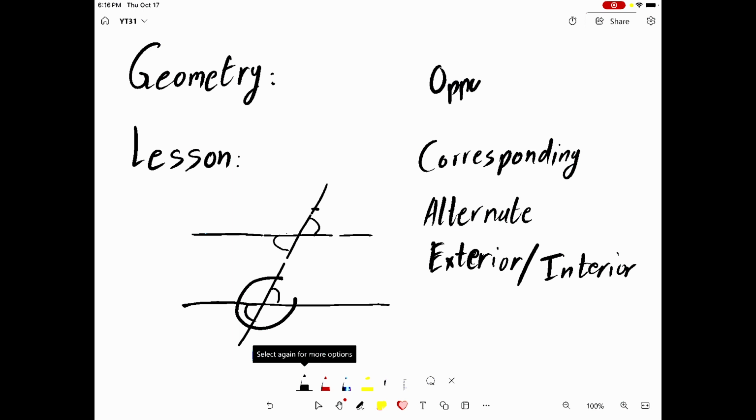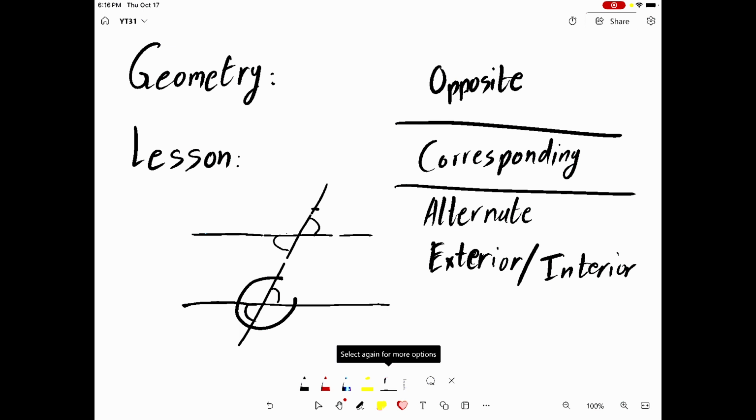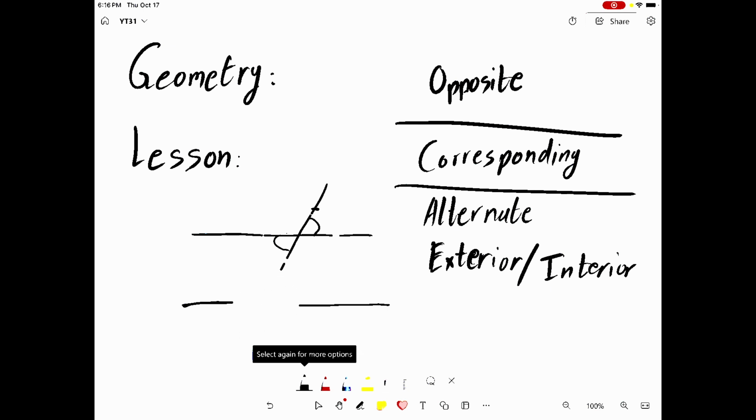So I'm just going to draw lines to show that these are different theorems. If we erase this and redraw it, where we have our lines again, our opposite angle theorem is where we have different quadrants, top right, bottom left, or top left, bottom right. Those are opposite angles, and those are the exact same.